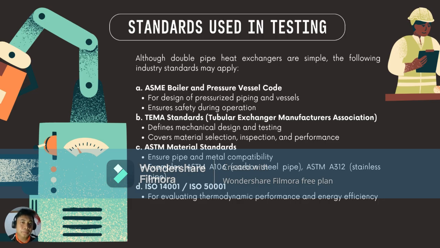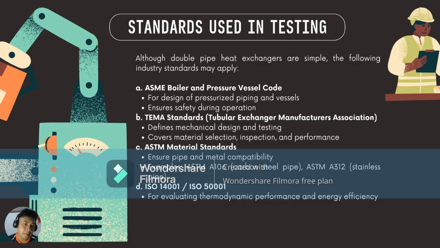Although double pipe heat exchangers are simple, the following industry standards may apply. First is the ASME Boiler and Pressure Vessel Code, for design of pressurized piping and vessels, to ensure safety during operation. Then TEMA, or Tubular Exchanger Manufacturers Association, which defines mechanical design and testing, and covers material selection, inspection and performance.